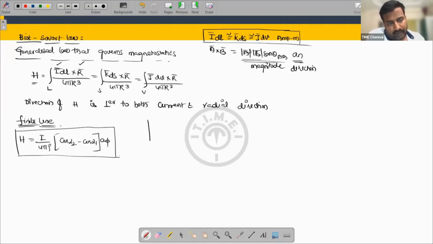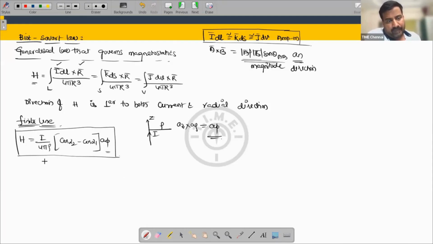This is for a finite line carrying current I along the z axis. So current is along the z direction, radial is rho, so AZ cross A rho is A phi. That makes sense that the magnetic field is along the phi direction, because the direction of magnetic field is always perpendicular to both current and radial.